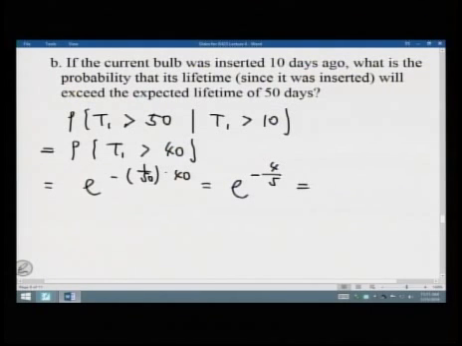What is this value? 0.44? Okay, thank you.